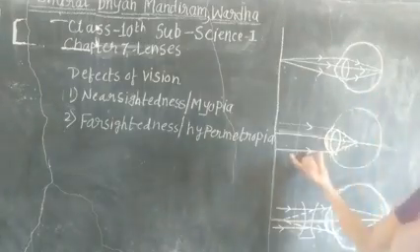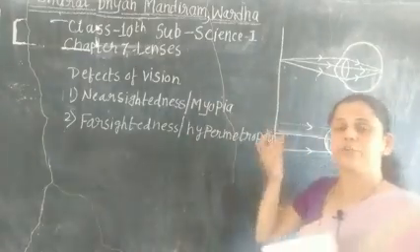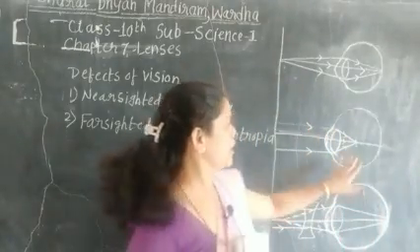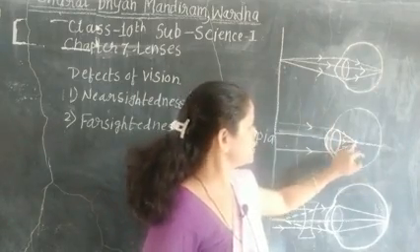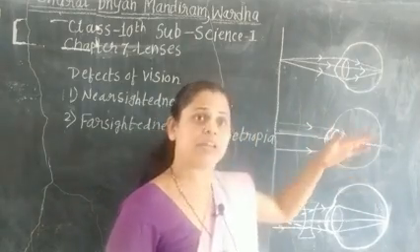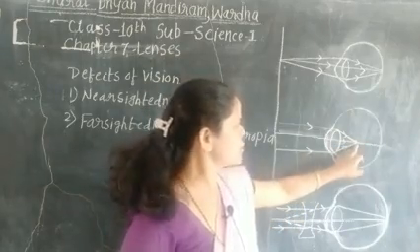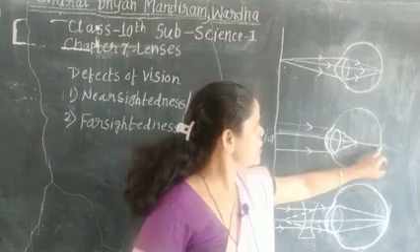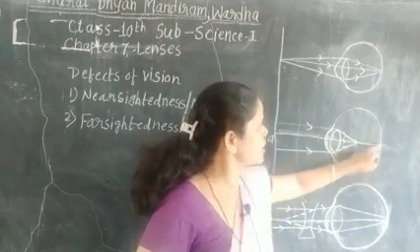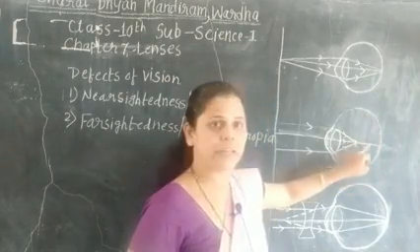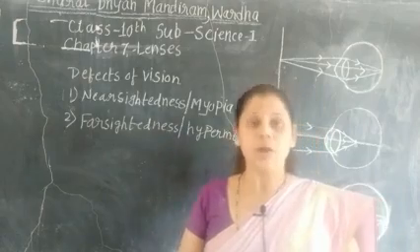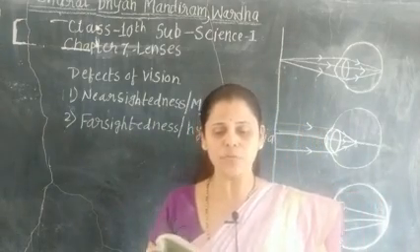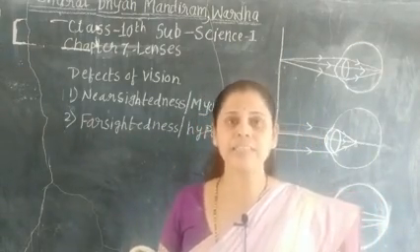But in nearsightedness, the refracted rays meet at a point that is in front of the retina. The first reason is that the curvature of the cornea and eye lens increases.